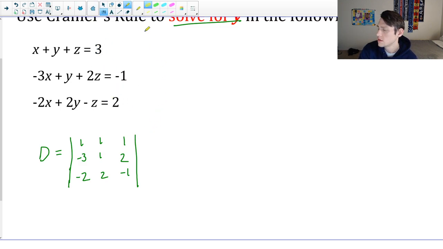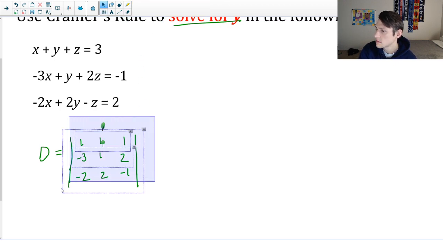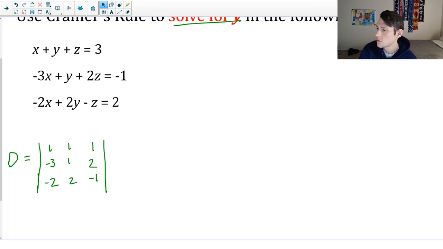Okay, so now let's do our determinant. We have our rule for figuring out a 3x3 determinant, which is first number, which is 1, times the determinant, get rid of that row, get rid of that column. So we would have these 4 values, 1, 2, 2, -1, minus the next value, so 1.